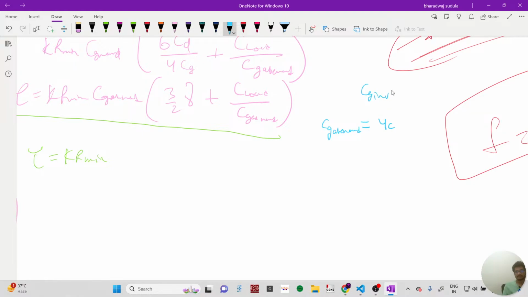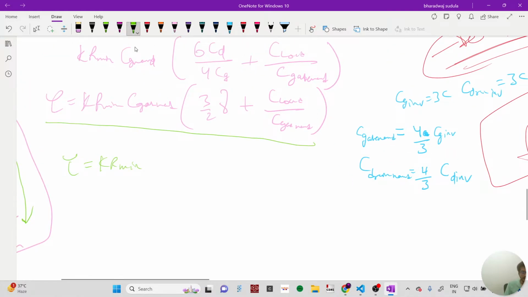So C g inverter is 3C. So I can write C g inverter by 3. Drain of NAND. C drain of inverter is 3C. So C g inverter, total.